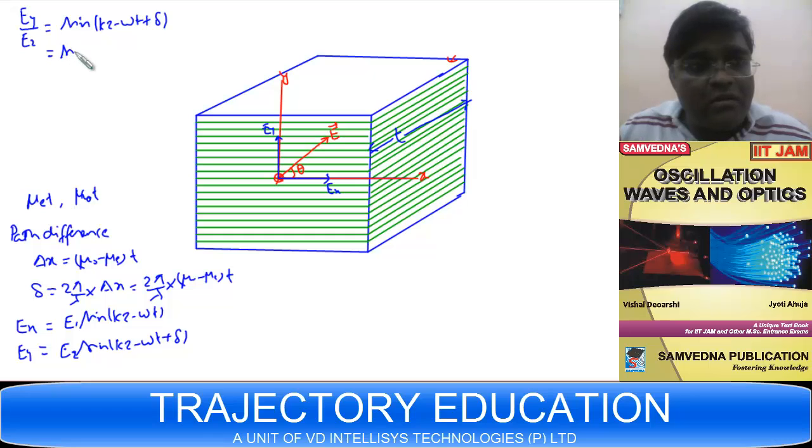So this can be cos delta plus cos(kz minus omega t) sin delta, right?